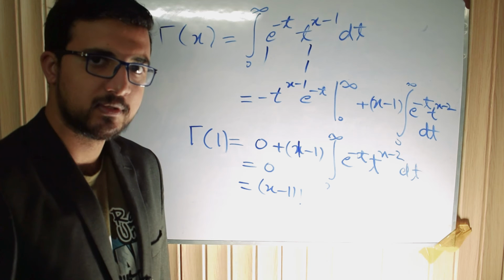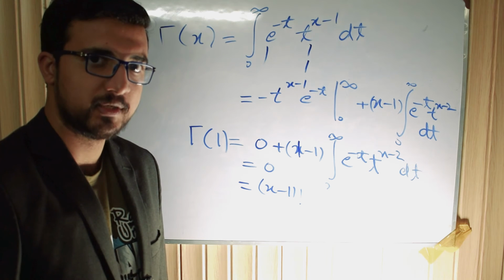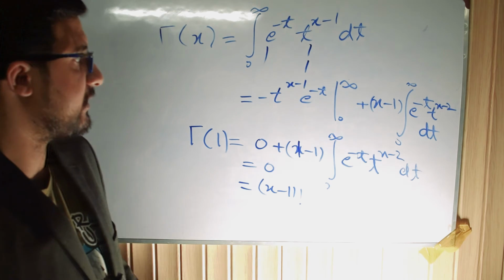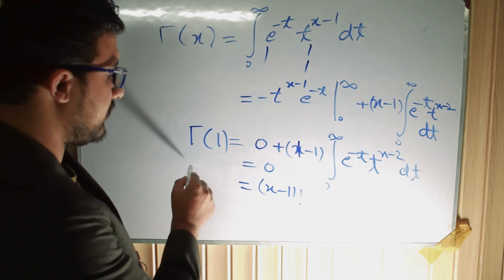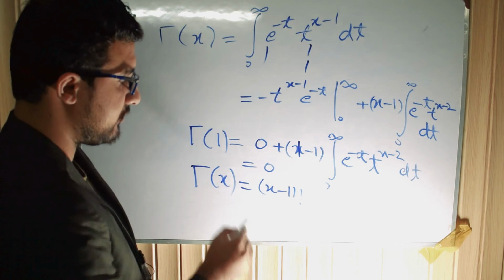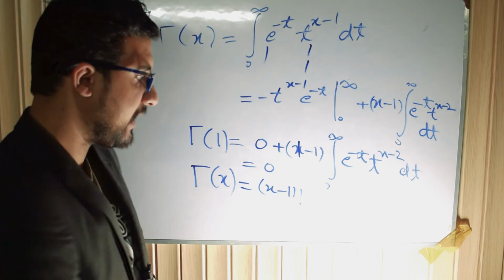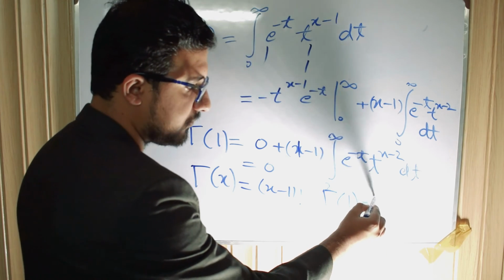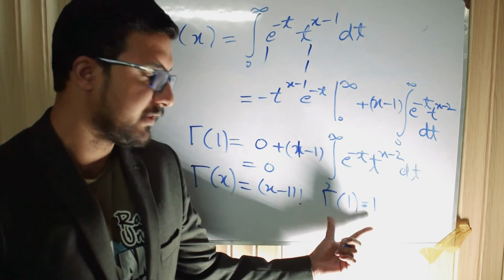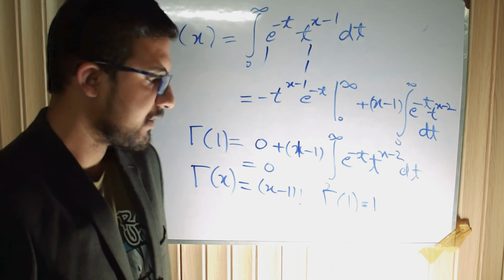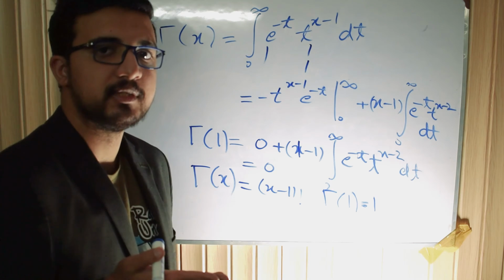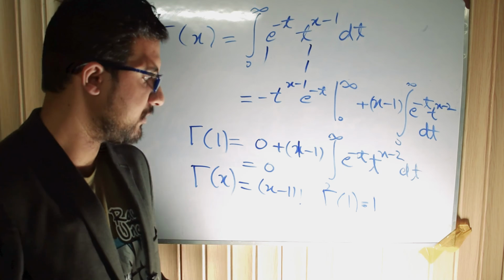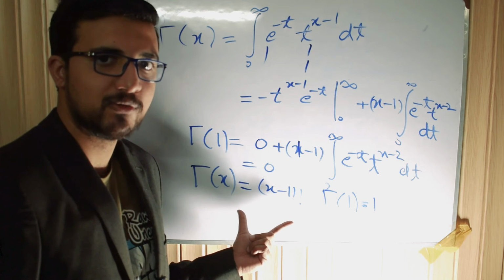So I hope you get the point here. If you look at Wikipedia, it says that gamma of x is equal to x minus 1 factorial, and it also states that gamma of 1 is equal to 1. In other words, gamma of 1 is equal to 1, and for other positive integers x equal to 2, 3, 4, 5 and so on, we have this formula.